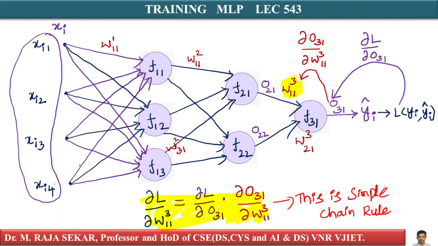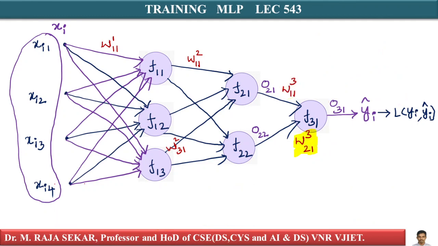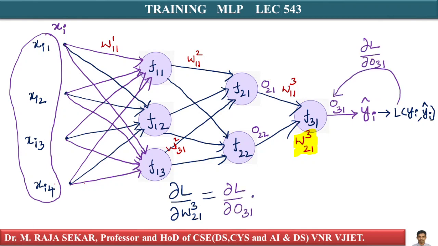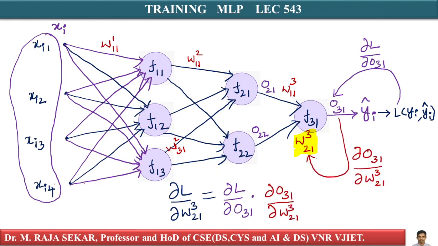Now I want to look at W321. So W321 also impacts O31, isn't it? W321 also impacts O21, isn't it? That's what it says. Therefore, and O31 impacts L. Yes, O31 impacts L.